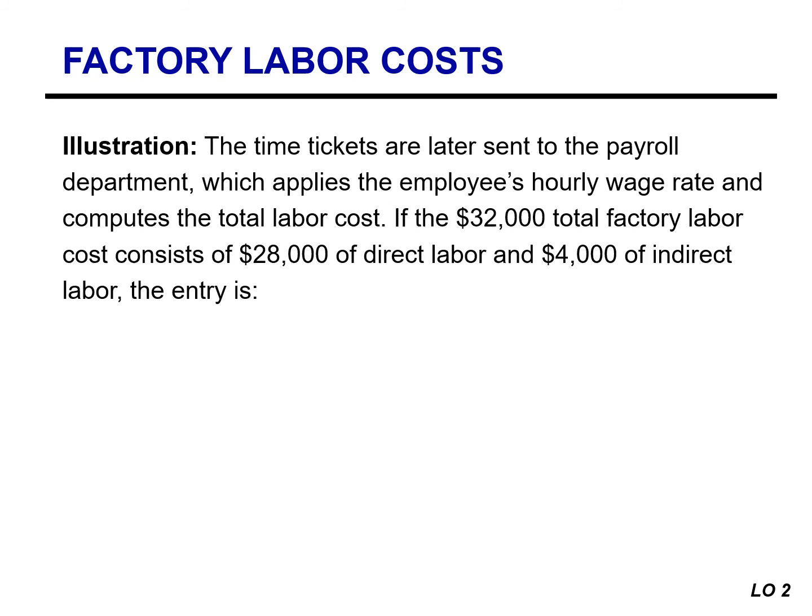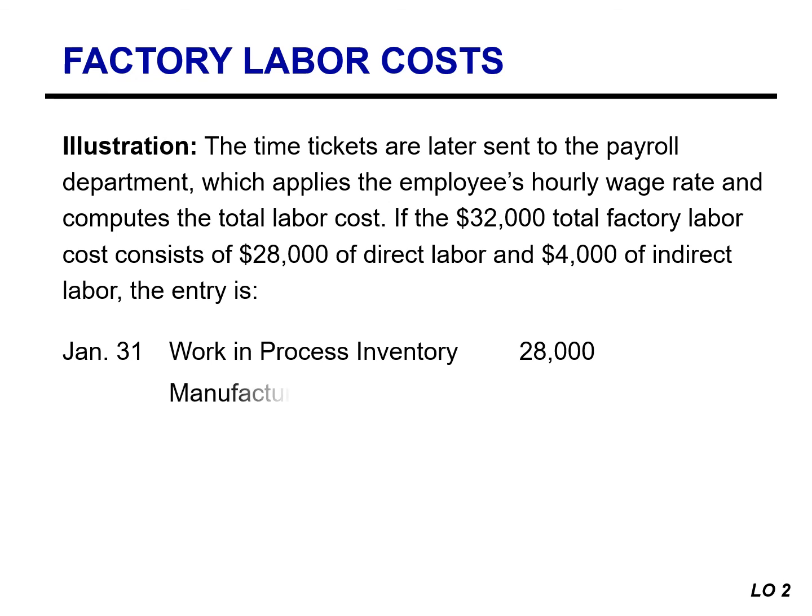For example, if the $32,000 total factory labor cost consists of $28,000 of direct labor and $4,000 of indirect labor, the journal entry is to debit work in process inventory for $28,000. We also will debit manufacturing overhead for $4,000 and credit factory labor for $32,000.